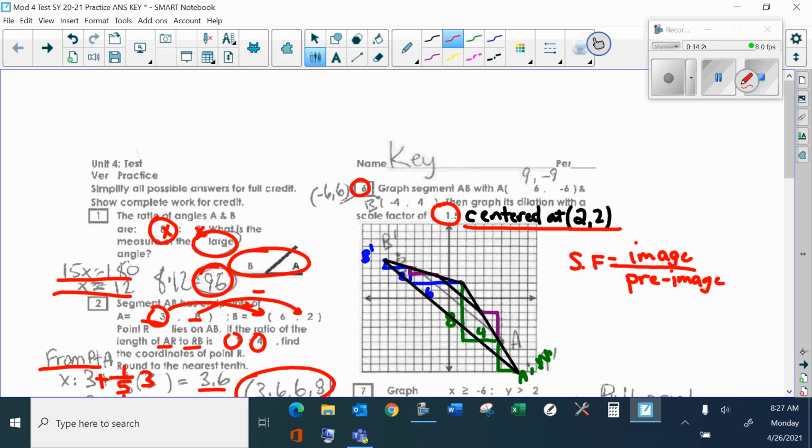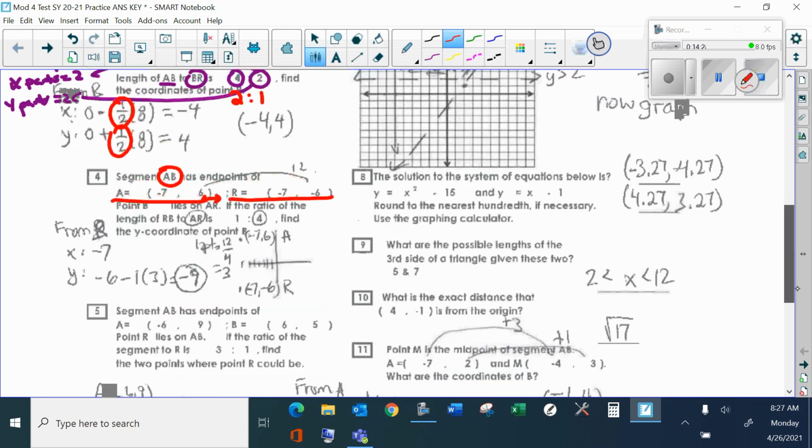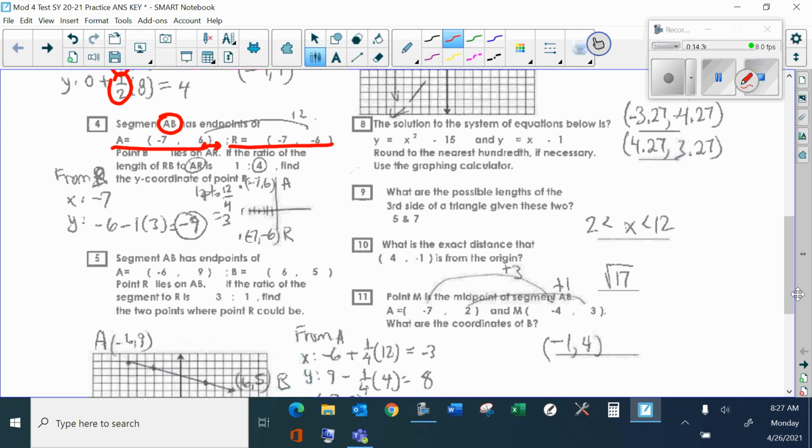So let's read how many parts it says it is. It says the length of A to R to B is 4 parts. The ones we have right now are A and R. So A to R, which is what we have, so I circle it, is a total of 4 parts.